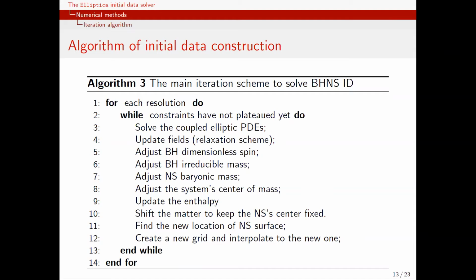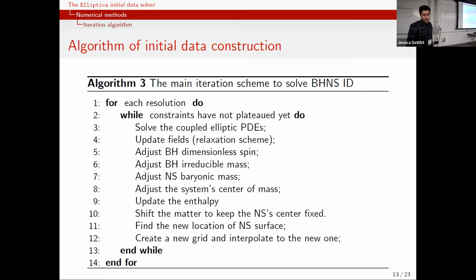After you find everything, you create a new grid, and then you interpolate your fields from the previous one to the next one, and you do this iteration over and over until you reach a specific criterion. For example, when you observe that the constraint, like the Hamiltonian constraint, is not changing anymore, it has reached the truncation error that you expect. Then you go to the next resolution, and you do as many resolutions as you want.